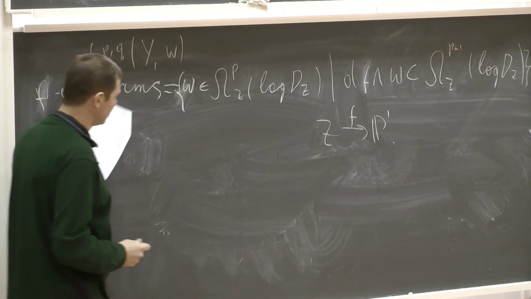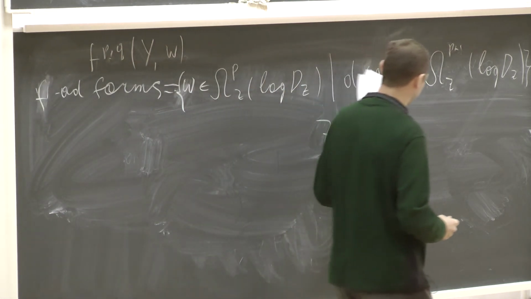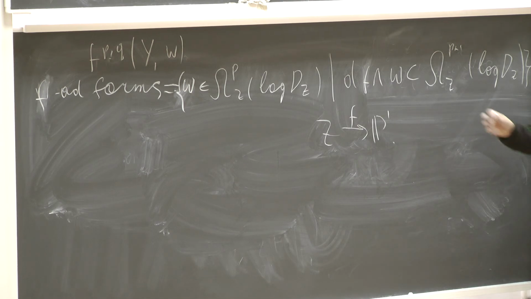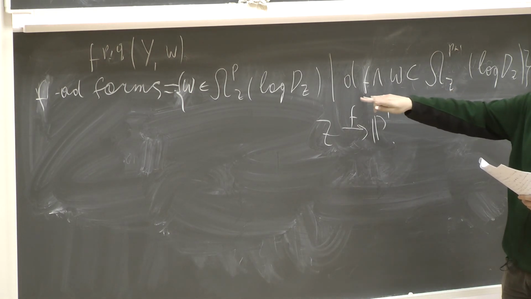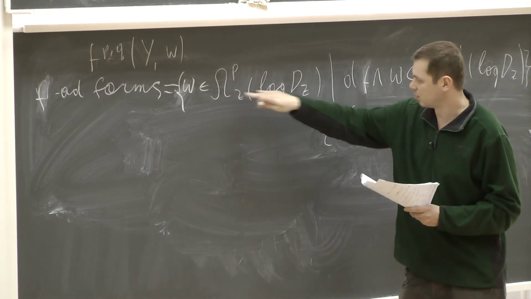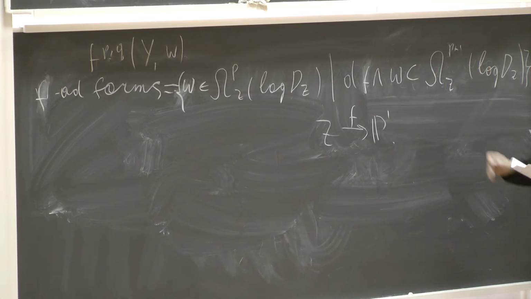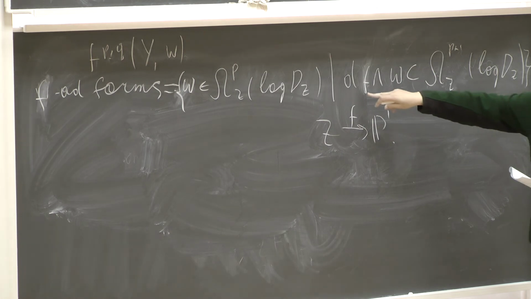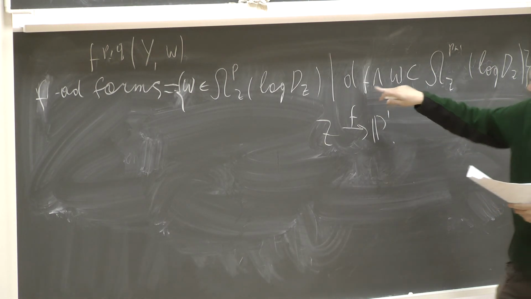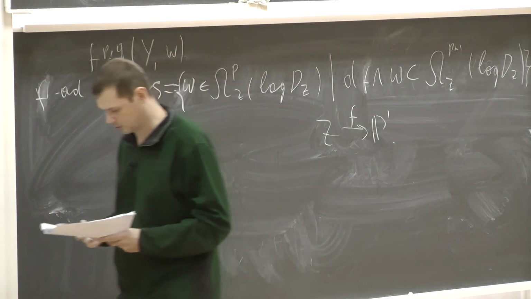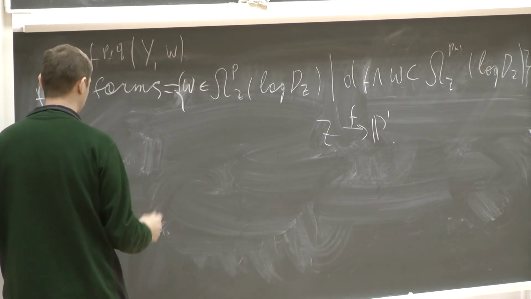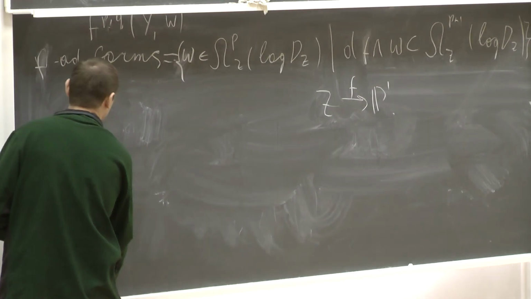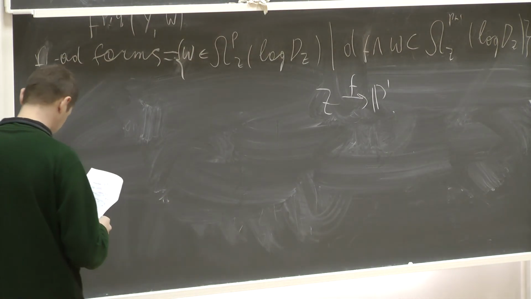There are some spectral sequences related to this. So we have two differentials on these forms: wedging by df and the usual one, but they give the same cohomology, which is a theorem of Katzarkov-Kontsevich-Pantev.